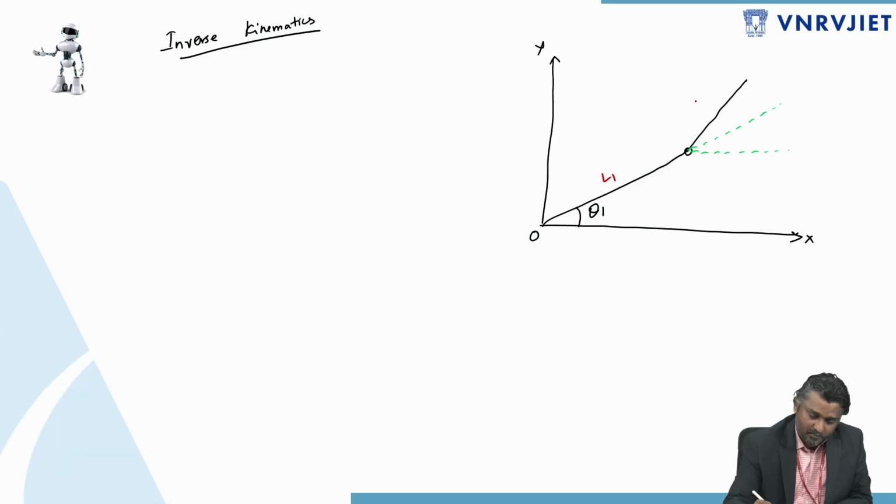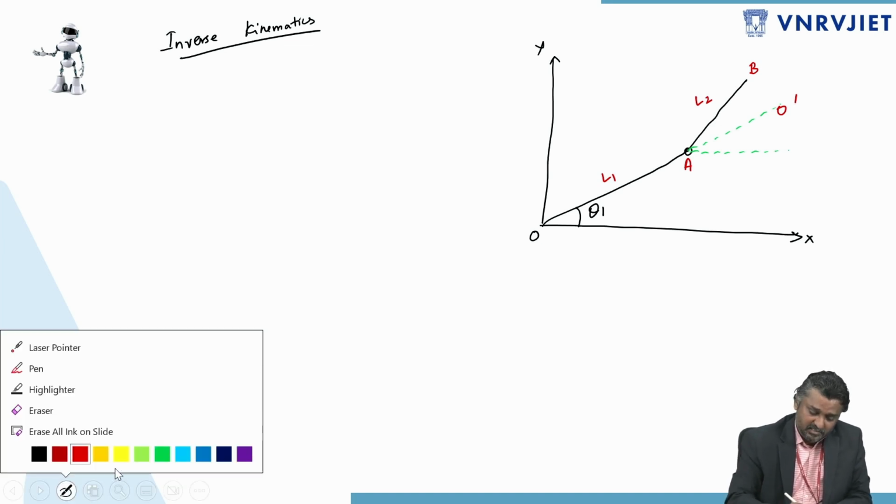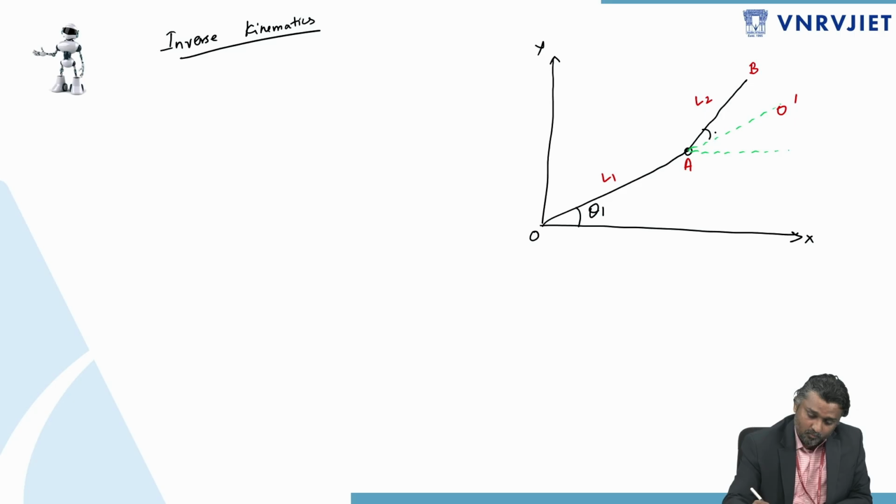This is L1, this is L2. I'm considering this is B, this is A, and O dash. This is the angle theta 2. And this is phi, where I'm considering phi is equal to theta 1 plus theta 2.